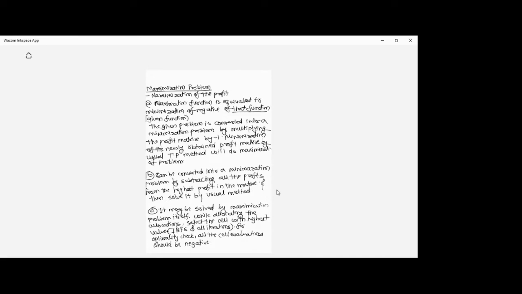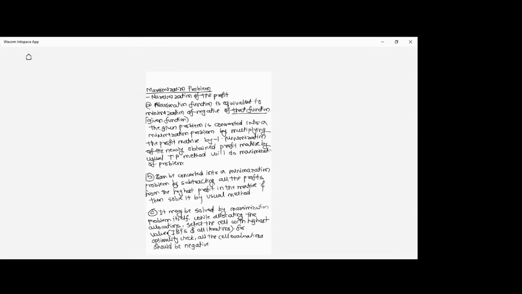We haven't seen any numerical yet, but at least with my explanation, have you understood this particular strategy of handling the maximization problem? The first strategy we are going to discuss in today's practical session with the help of a numerical. But tell me in your chat box if you have understood at least the theory explanation.